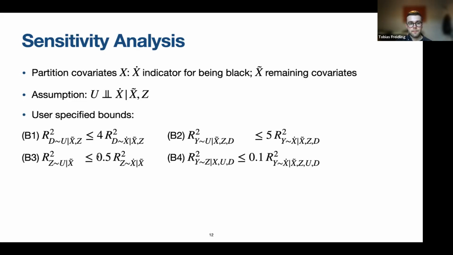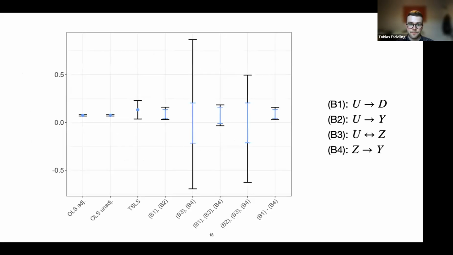And in terms of bounds, we can specify a whole lot. In this example here, I just picked one comparative bound from each of the 4 different categories. And then I added them in different combinations to the optimization problem. And these are some of the results that we get.